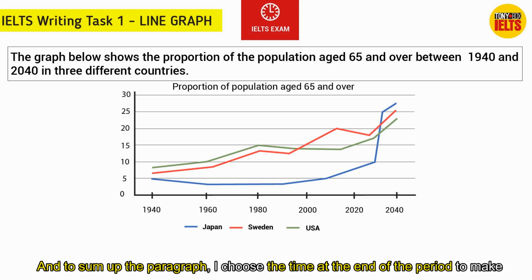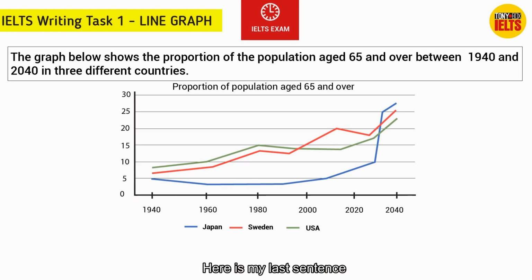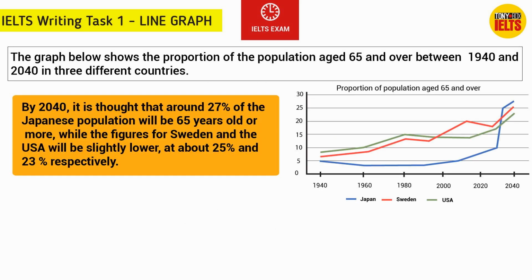And to sum up the paragraph, I choose the time at the end of the period to make a comparison among Japan, Sweden, and the USA. Here is my last sentence. "By 2040, it is thought that around 27% of the Japanese population will be 65 years old or more, while the figures for Sweden and the USA will be slightly lower, at about 25% and 23% respectively."